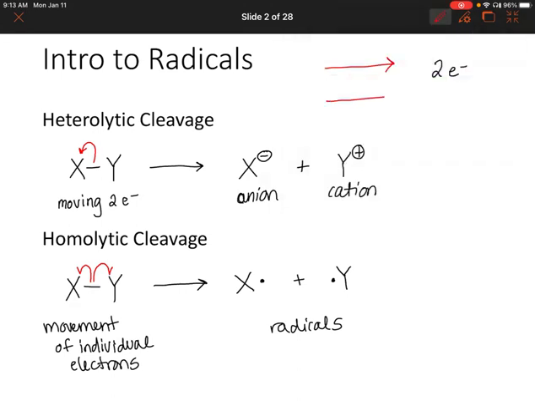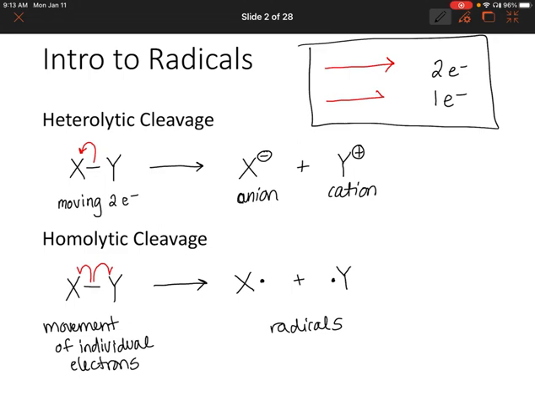But if you only draw one half of the arrow, so it looks like a little fish hook, in fact, people will call that a fishhook arrow, then that's only the movement of one electron. So we'll be using a lot of fishhook arrows in this chapter, so I just wanted to introduce you to that. But again, that's called homolytic cleavage, when you move individual electrons to separate atoms.